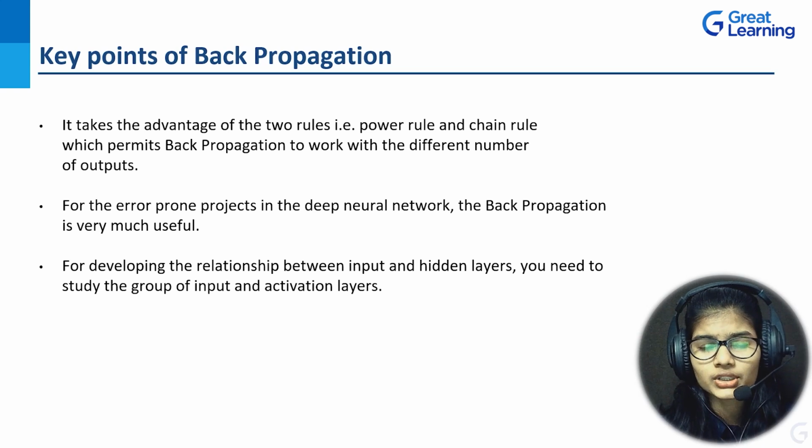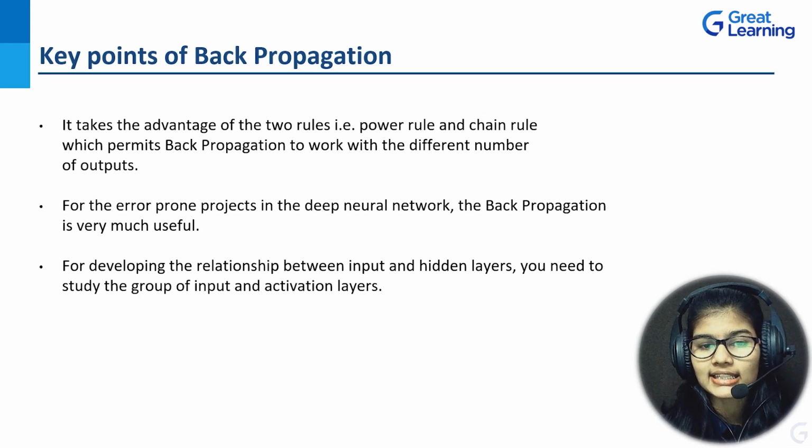For projects in which there is some difference between the actual and the desired outputs in a deep neural network, in those cases backpropagation is very useful. The reason is that we have hidden layers. The hidden layers adjust themselves and try to reduce the errors you are having.